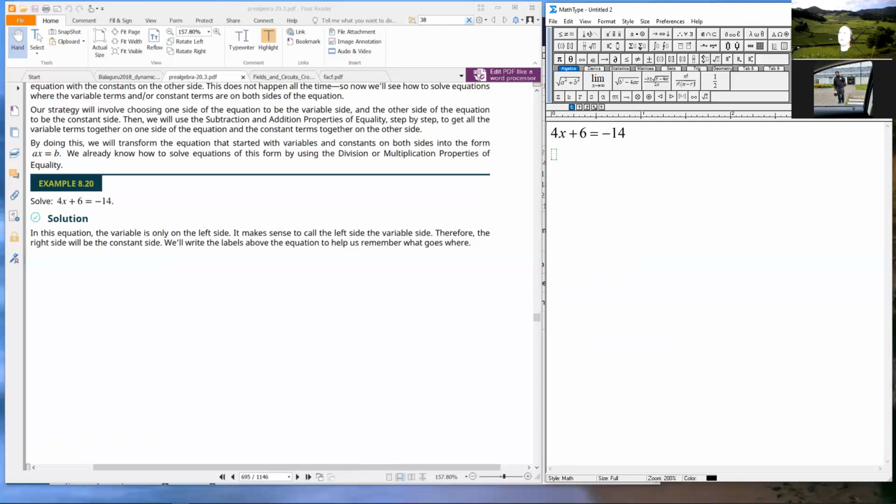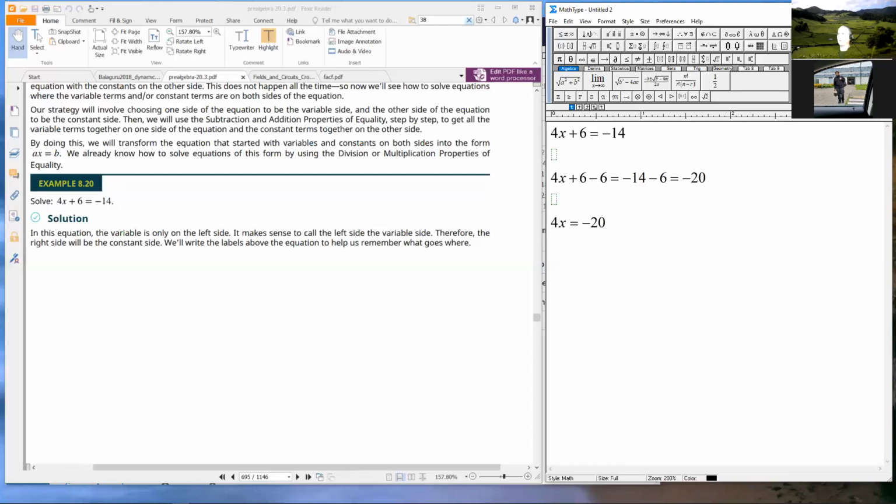How do you do that? You subtract 6 from both sides. So 4x plus 6 minus 6 equals negative 14 minus 6, which is equal to negative 20, right? So we can rewrite this as 4x equals negative 20. What do we do next?